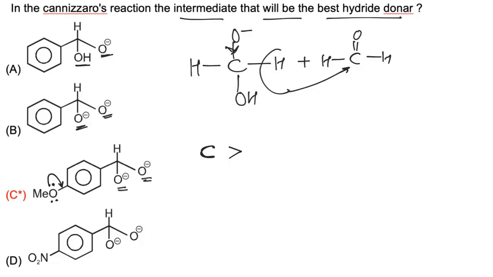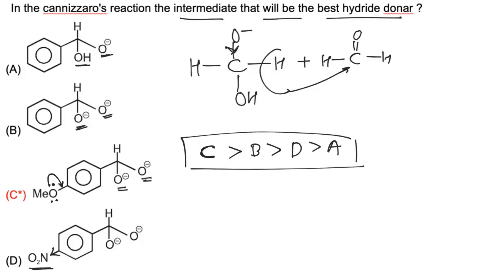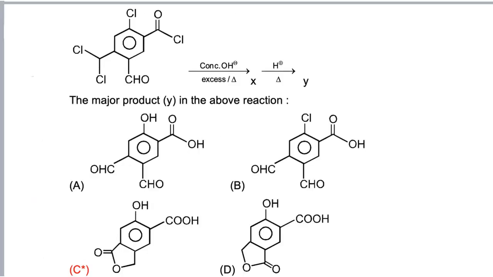Now dianions are always better donors than monoanions, so after C, B. D is comparatively a less effective donor because one NO2 is present, which is electron withdrawing, then D, and A will be the least donor, so maximum donor capacity is present in this case, and hence the correct answer is C.